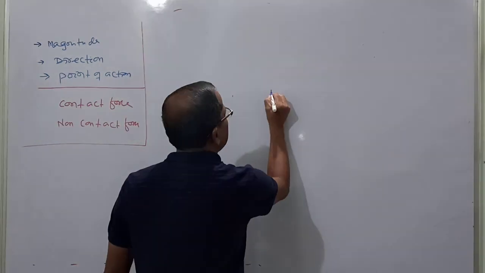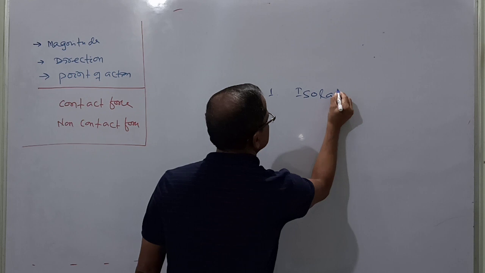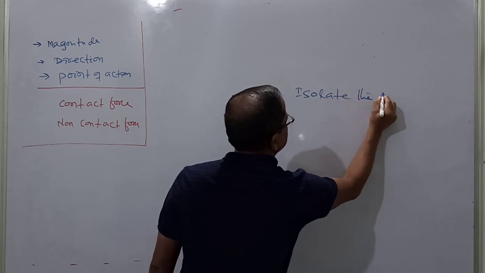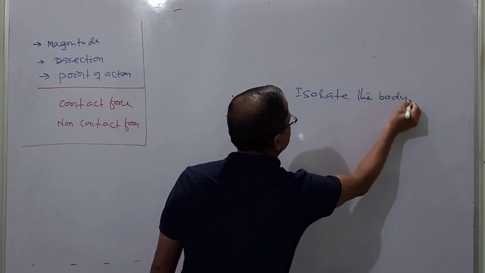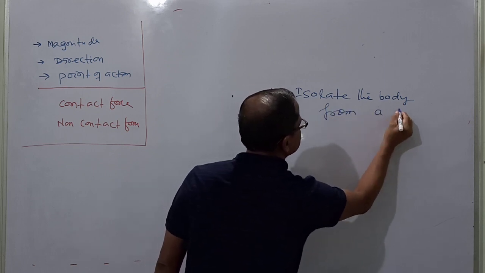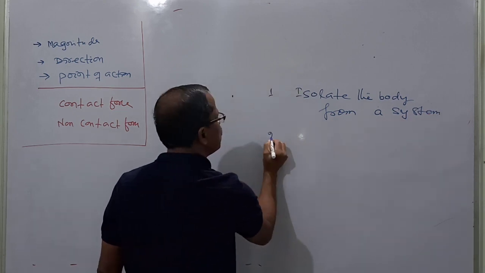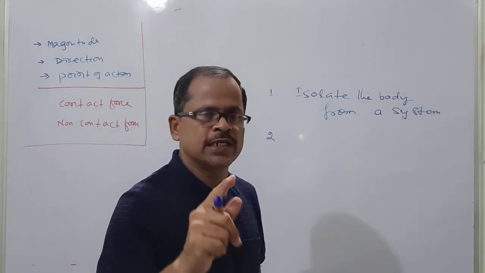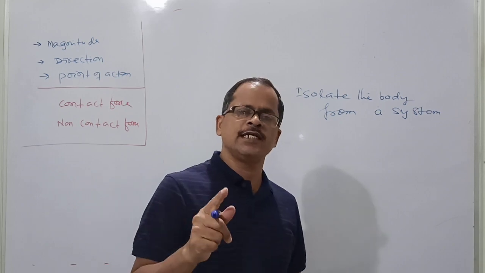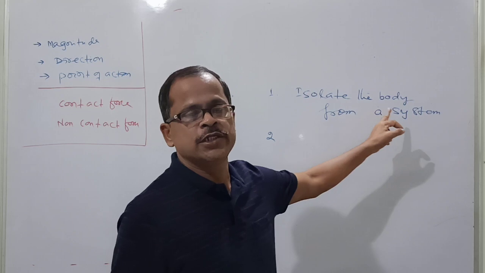If two or three objects are there, you give focus to a single body. All interest is shown to a single body. That is called isolating the body from a system.